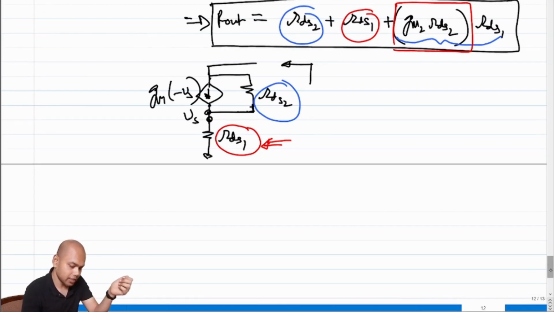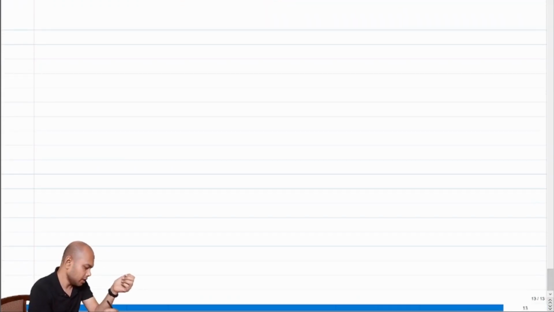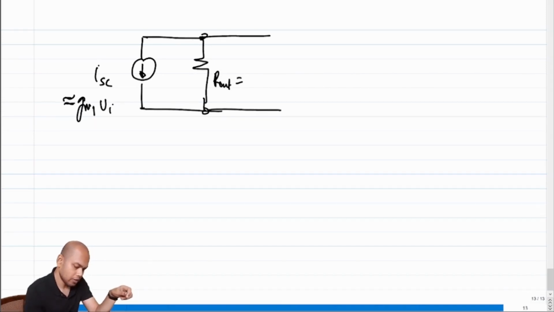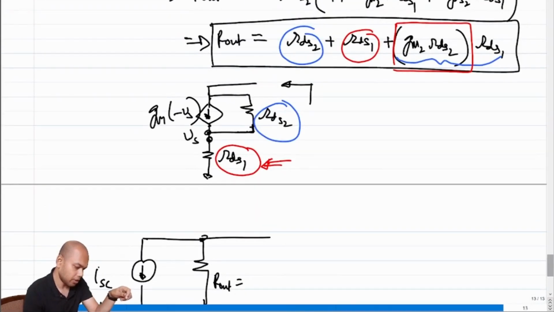Correct. So in essence, what is the small signal equivalent, or the Norton's equivalent, of the current buffer network? This is Isc. What was Isc? Isc was approximately equal to gm1 times Vi. What is Rout?